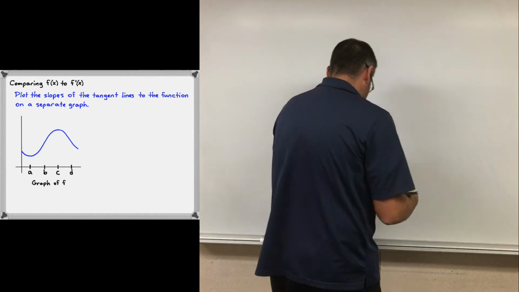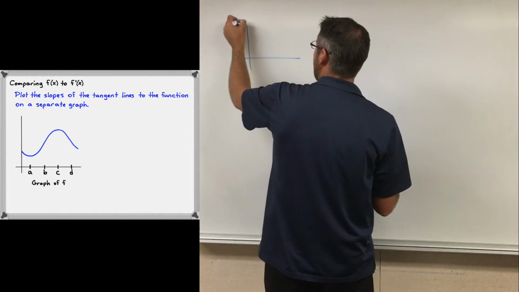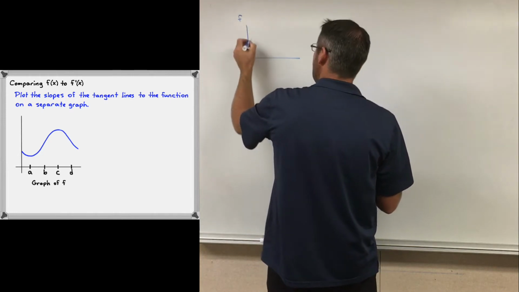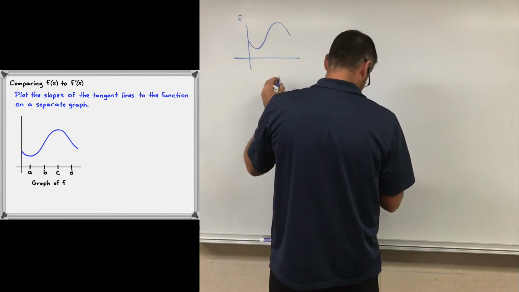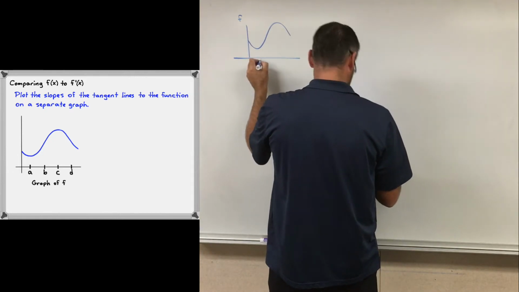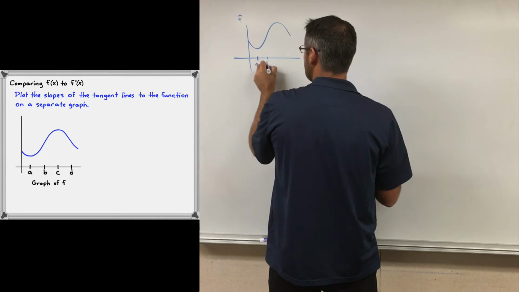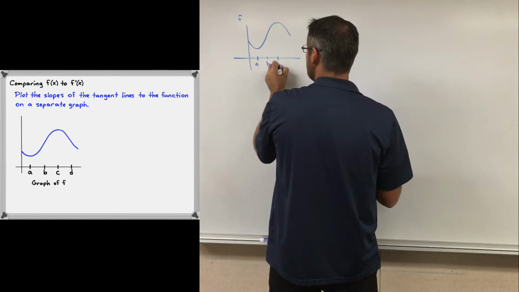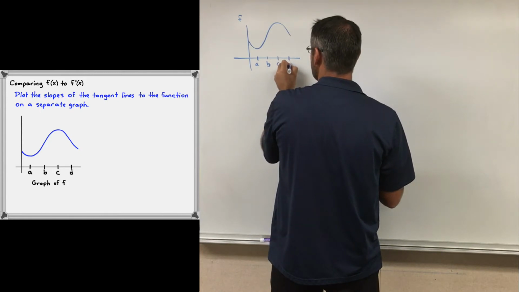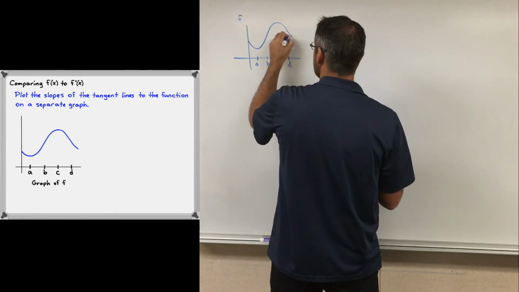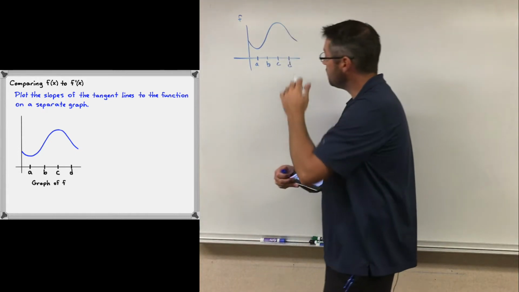Now, if I have a graph, and we're going to call this graph f, this is the function f, and we have it go down and then up and then back down a little bit here. And we've got all these different points. We've got A, we've got B, we've got C, and then we have D here. I'm going to continue that on. Okay, so this is the graph of f.